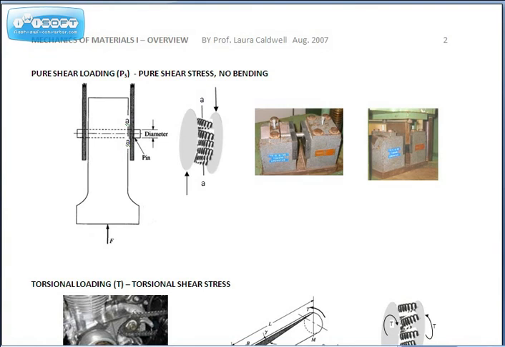Another simple type of loading is shear, pure shear. An example of that is a pin that is holding some type of fixture, and as the force is applied, at the cross section of that pin, AA, the molecules tend to slide against each other.